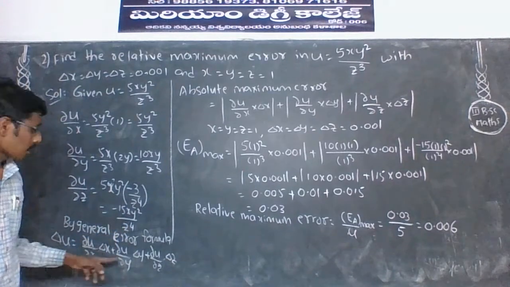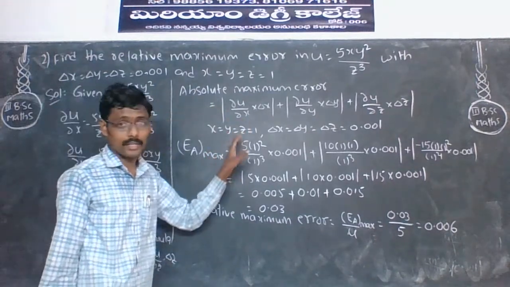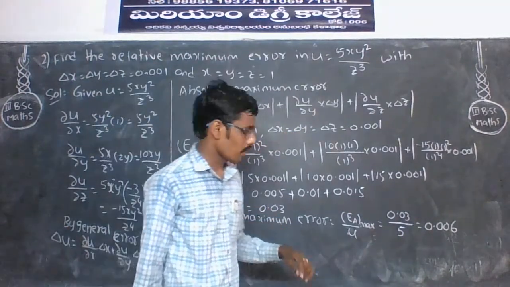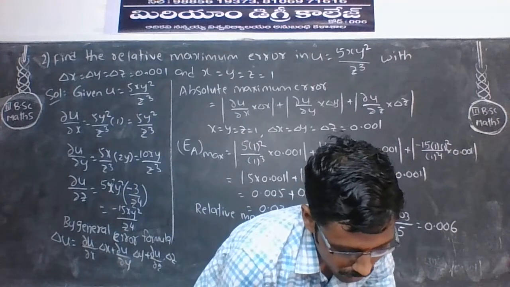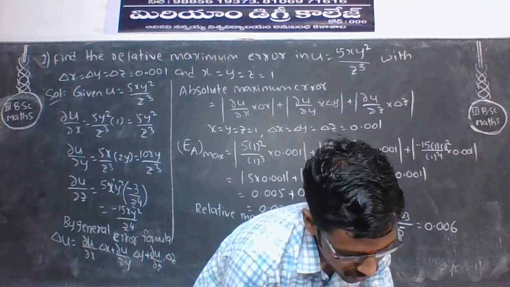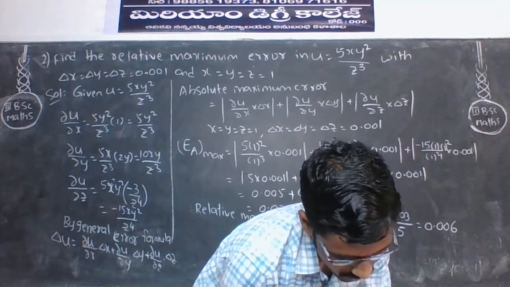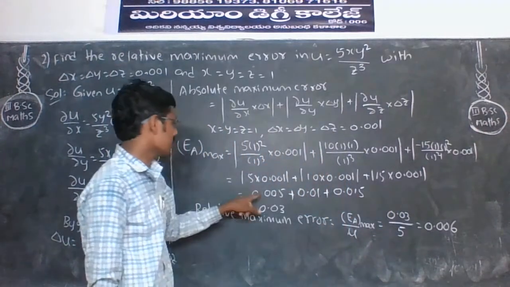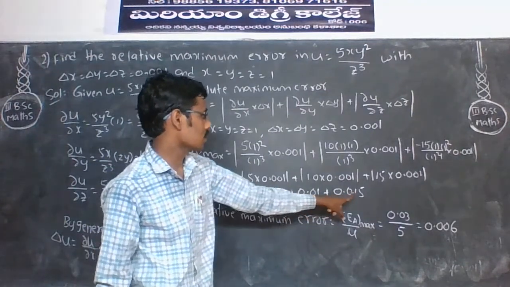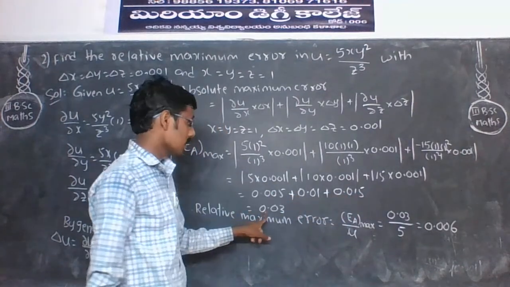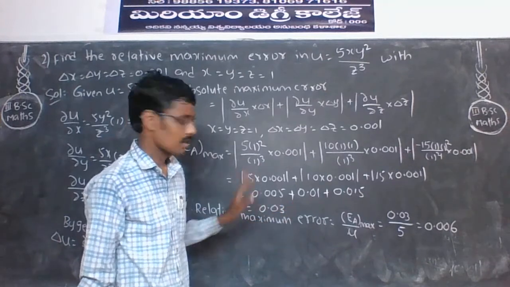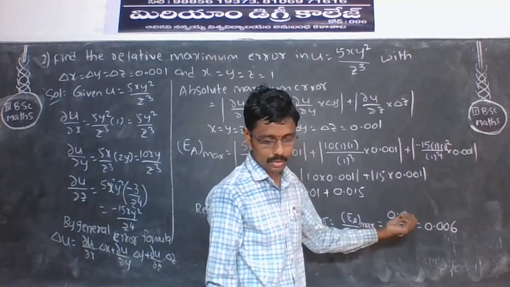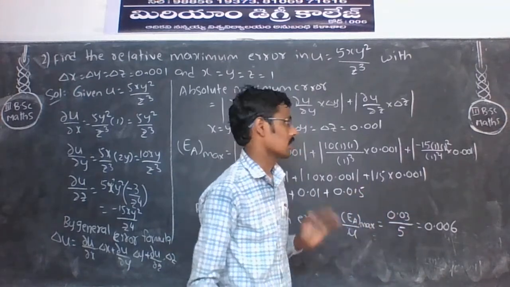By the general error formula, the absolute maximum error with x is equal to y is equal to z is equal to 1 gives 0.005, 0.01 and 0.015, total 0.03. Relative maximum error EA maximum by U, 0.03 by 5, is equal to 0.006. This is the problem.